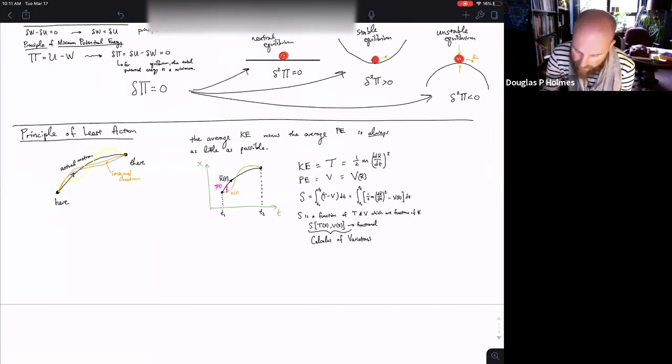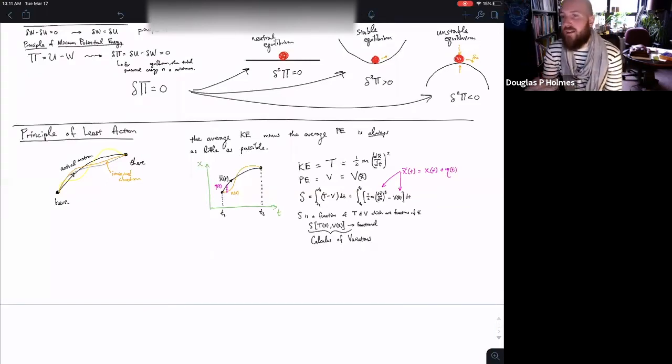Okay, so now we can go back over here, and instead of x bar, we can replace x bar with x plus my virtual difference between the imaginary path and the real path. Okay, so I'm going to write that down here.